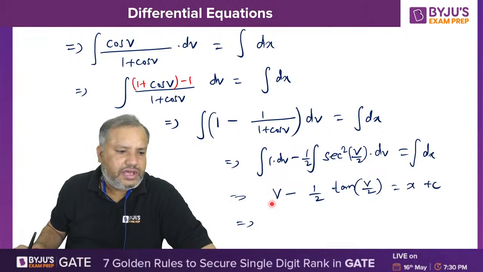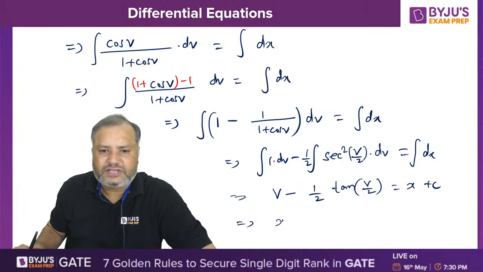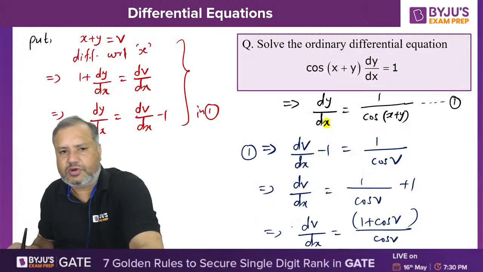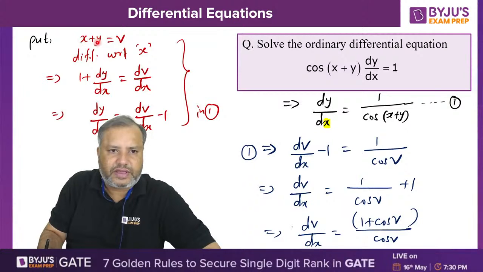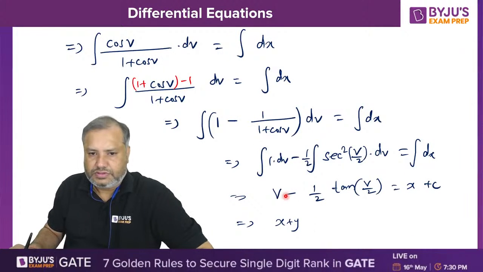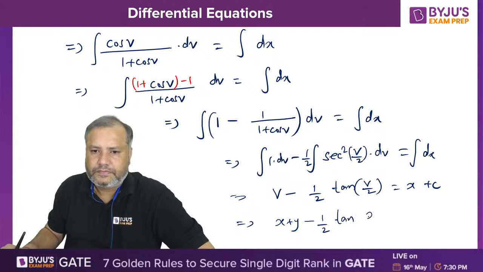Now what is the value of v? V is nothing but x plus y. Go back and look. So v is x plus y. So x plus y minus 1 by 2 tan of (x plus y) by 2 equal to x plus c.